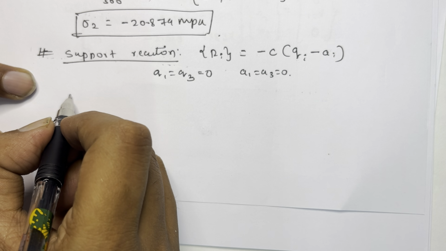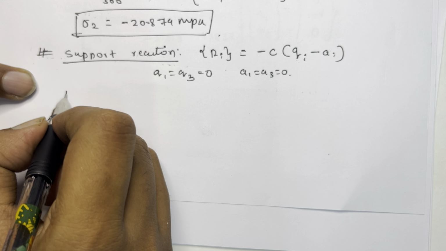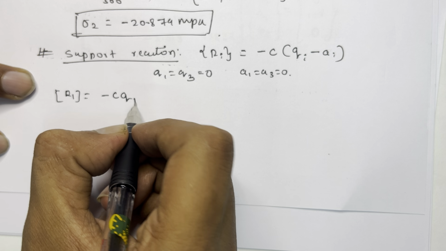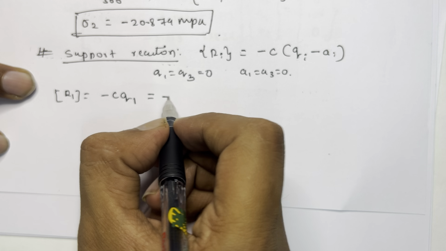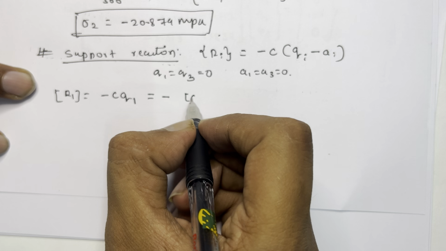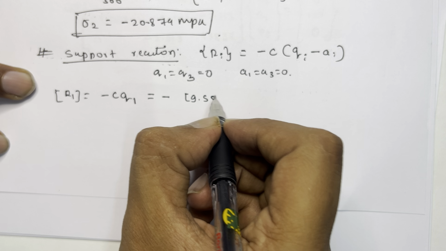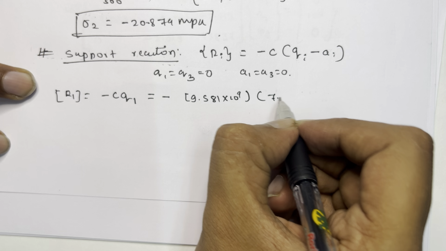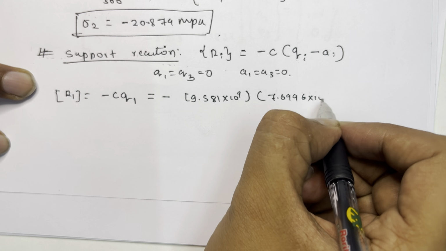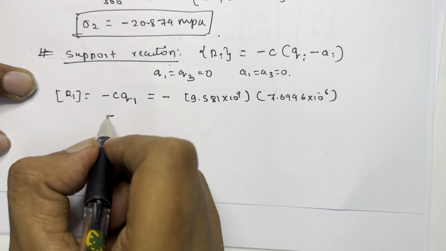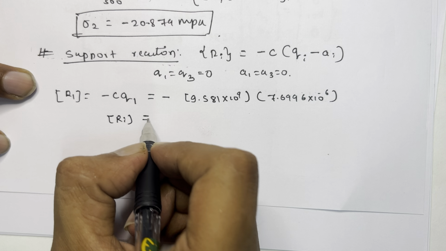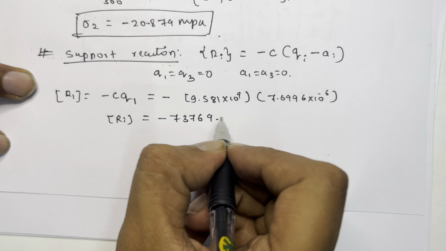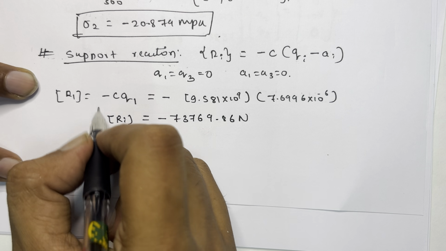So for reaction at support 1, R1 is equal to minus C into Q1. What is C value? C value is 9.581 into 10 raised to 9, and Q1 is 7.6996 into 10 raised to minus 6. After solving, we'll get reaction at support 1 minus 73769.86 Newton.